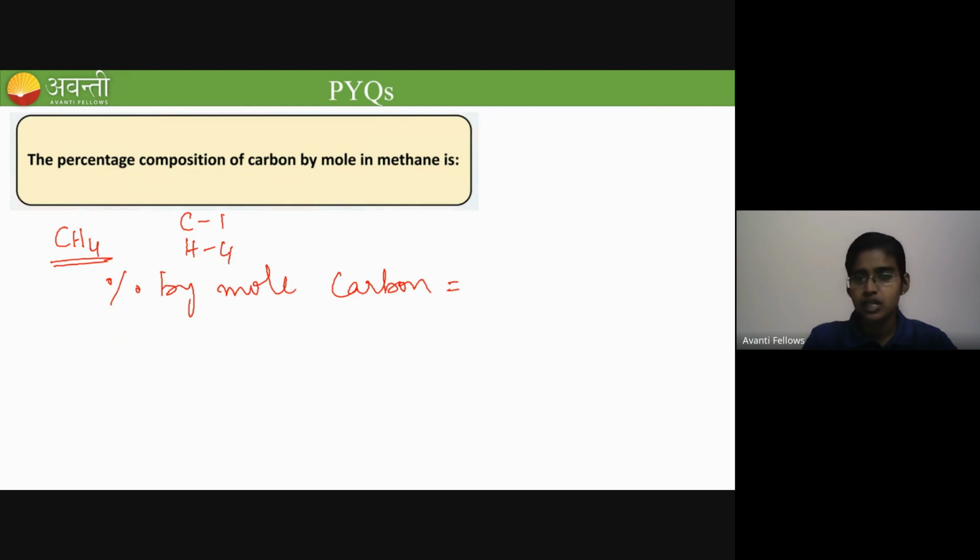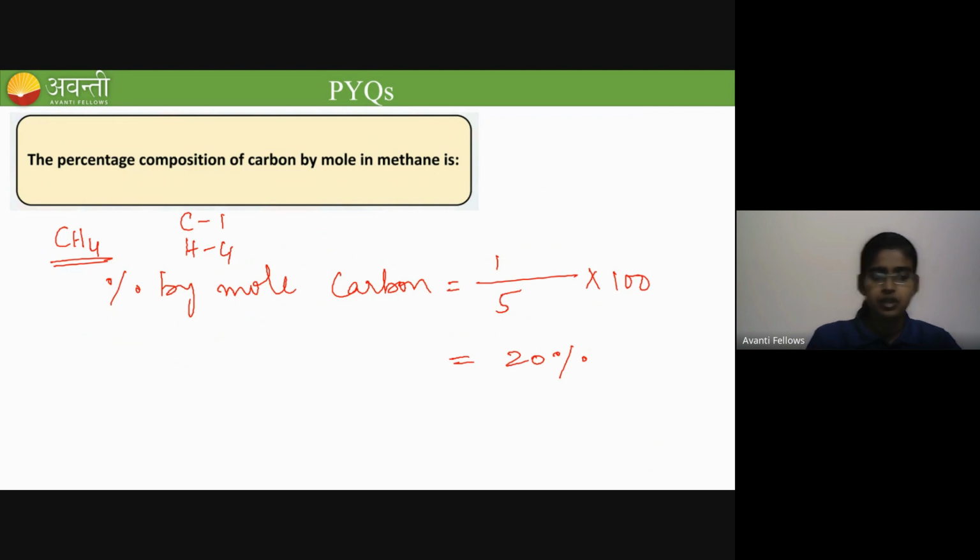So the number of carbon atoms is 1 and the total atoms are 5, into 100. So 100 by 5 is 20%. So we have 20% of carbon in methane and the remaining 80% is hydrogen. Very easy, direct substitution of the formula.